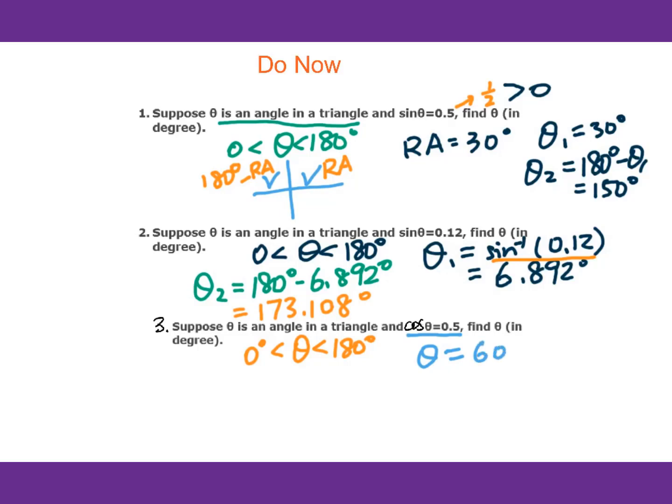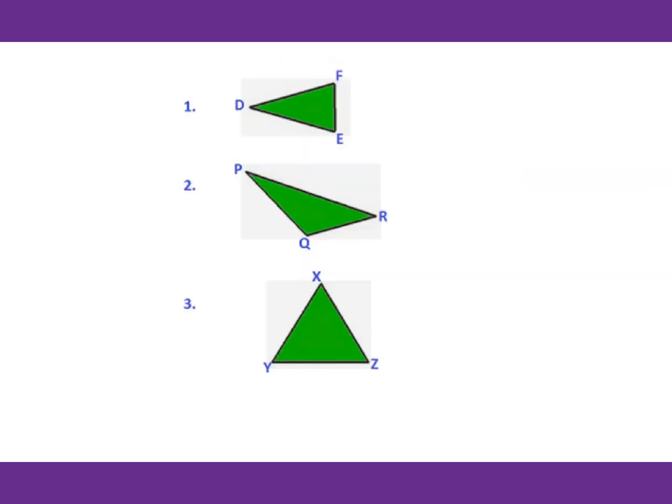That will be 60 degree. Only one solution. Remember, only for sine theta, when theta is an angle in a triangle, there are two possible values for this theta.